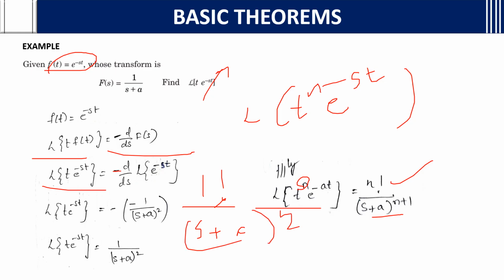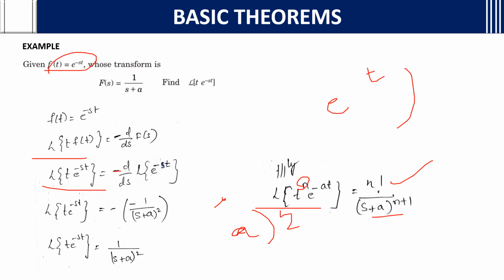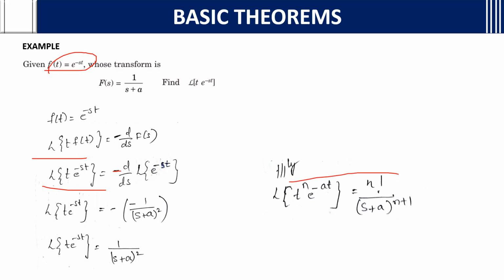So you get 2. So 1 by s plus a whole square. You can verify using the formula. It's easy. Understanding? I have written this similarly because if in the exam they ask for t power n, then if you know this formula directly, you can solve the sum as it is, how I have done now, and you can verify with this formula whether it is correct or not.